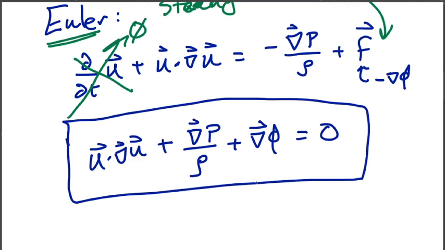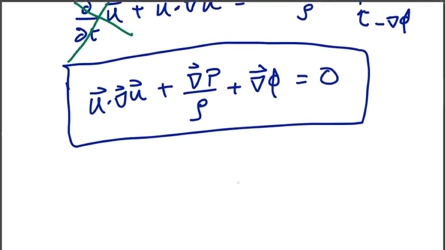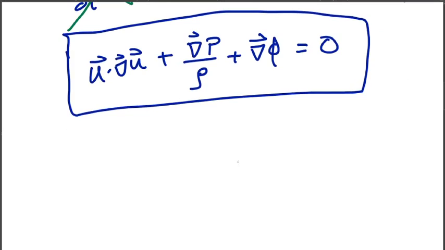To make further progress, we're going to need a vector identity. We're going to work on this nonlinear term to try and figure out a way to express it more simply. So using vector identities, we know that u dot grad u is equal to 1/2 gradient of u dotted with u.